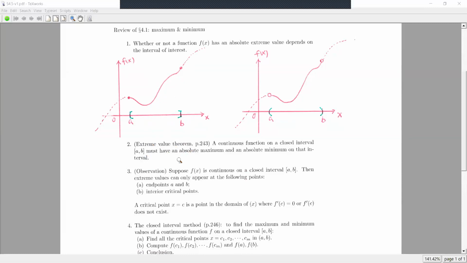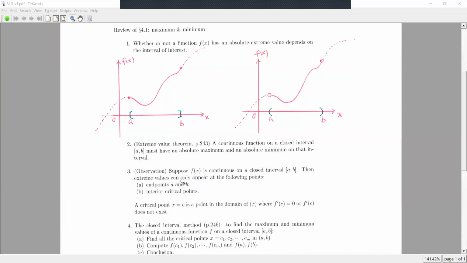The extreme value theorem only says that we are guaranteed the function has a maximum and a minimum, but it doesn't tell us where the maximum and the minimum are. To locate them, we use this observation.